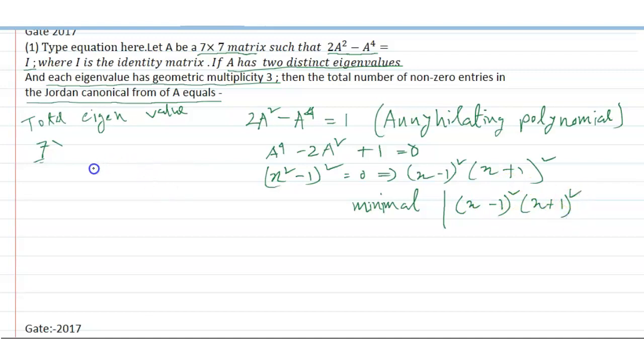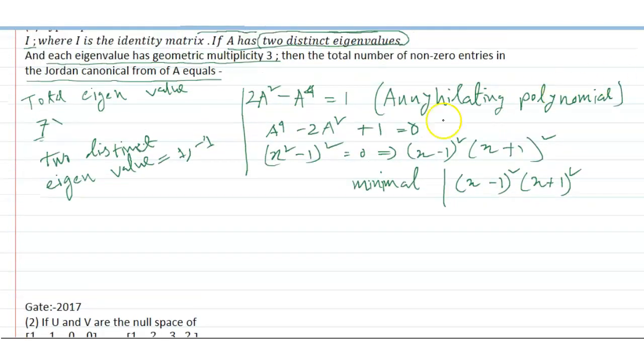It is also given that A has two distinct eigenvalues. So the two distinct eigenvalues are 1 and minus 1. Another fact, friends: each eigenvalue has geometric multiplicity 3.